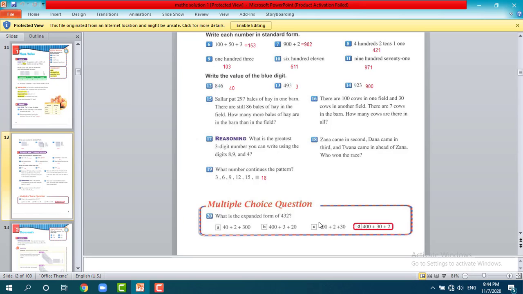Then C is not true. In D, it says 4 with 2 zeros added, and we read it 400. After that, plus. After that, 3 with 1 zero added because it's 10, so 30. After that, plus. After that, 2 alone because it's ones. Then D is the true answer, the correct answer.